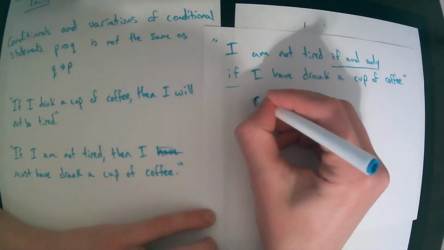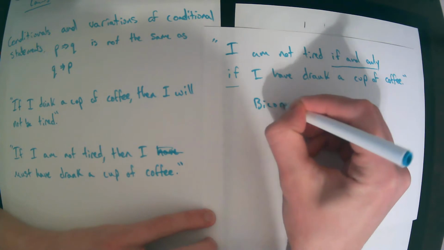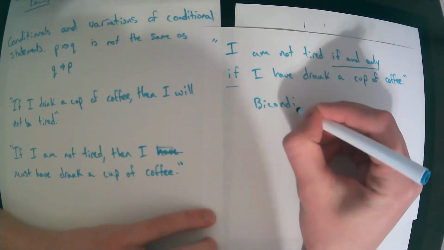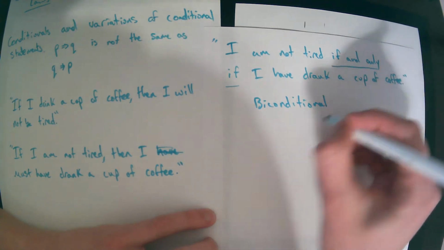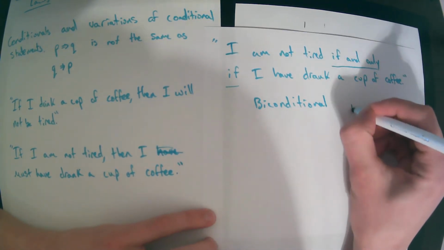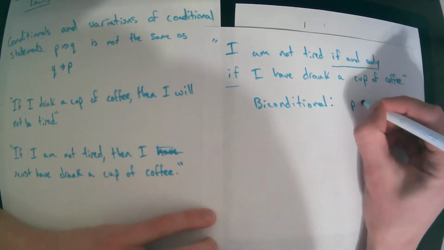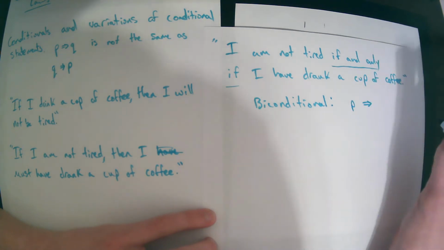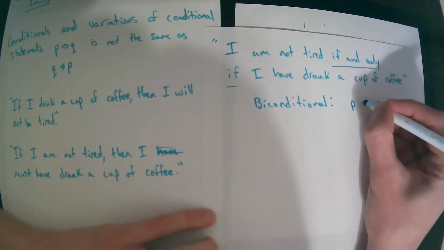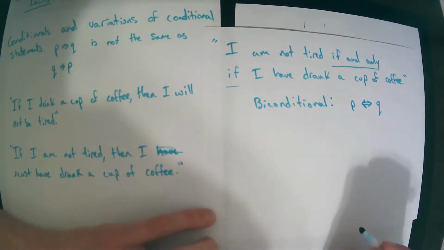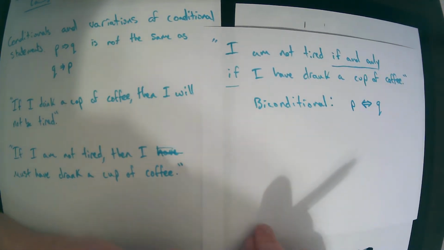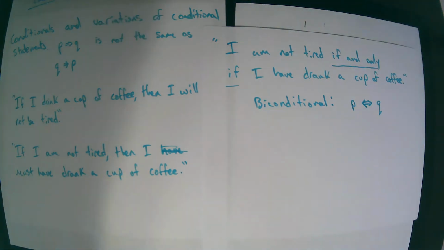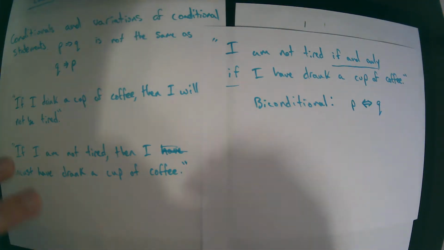We call this a biconditional, a variation of a conditional, and we denote it like P implies Q, except we put another arrow. So now it says if P then Q and if Q then P. I actually just gave something away there.